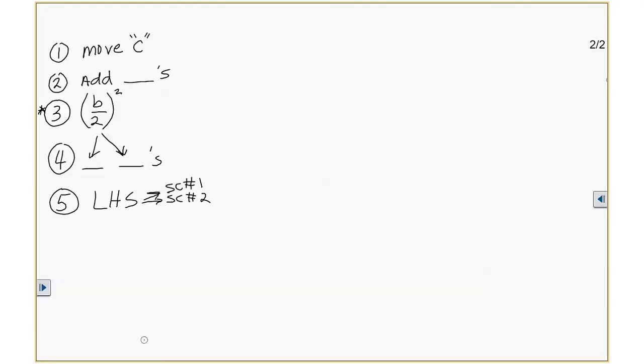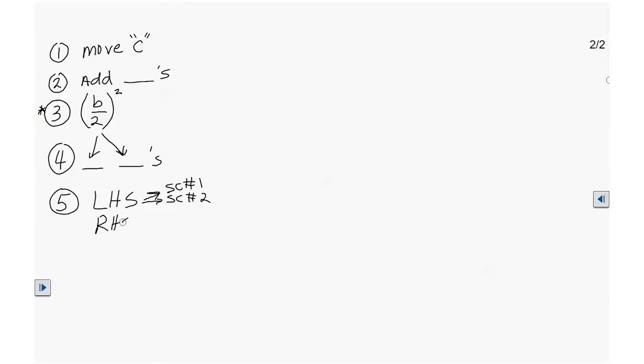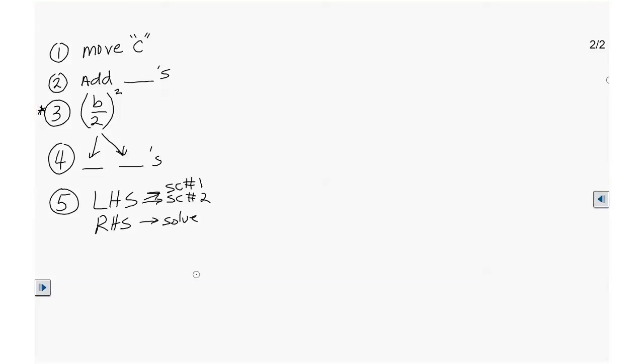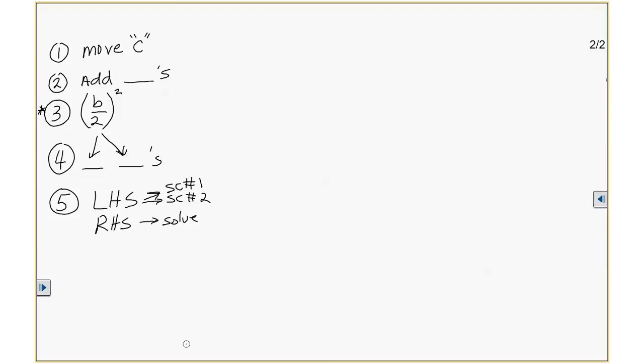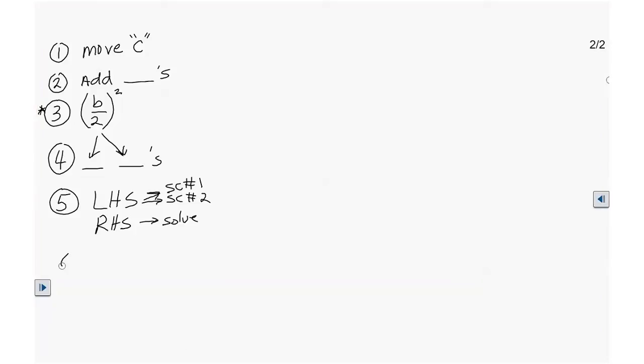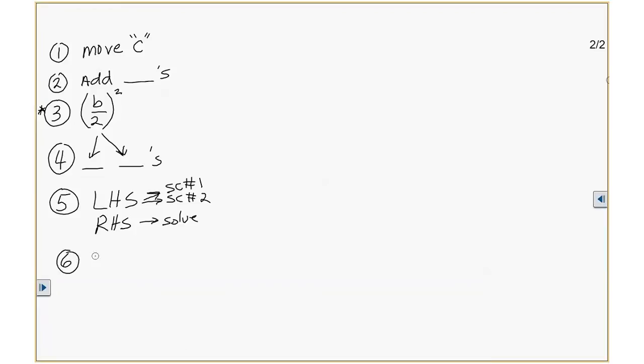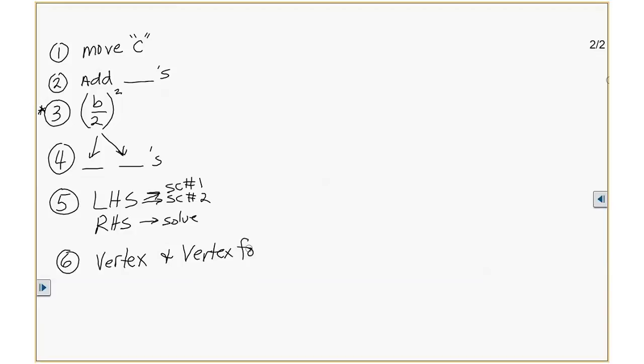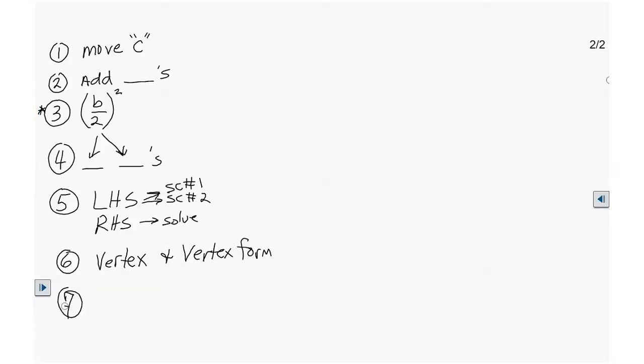And on the right-hand side, you just solve by using your math. 6, vertex and vertex form. And 7, solve for x.